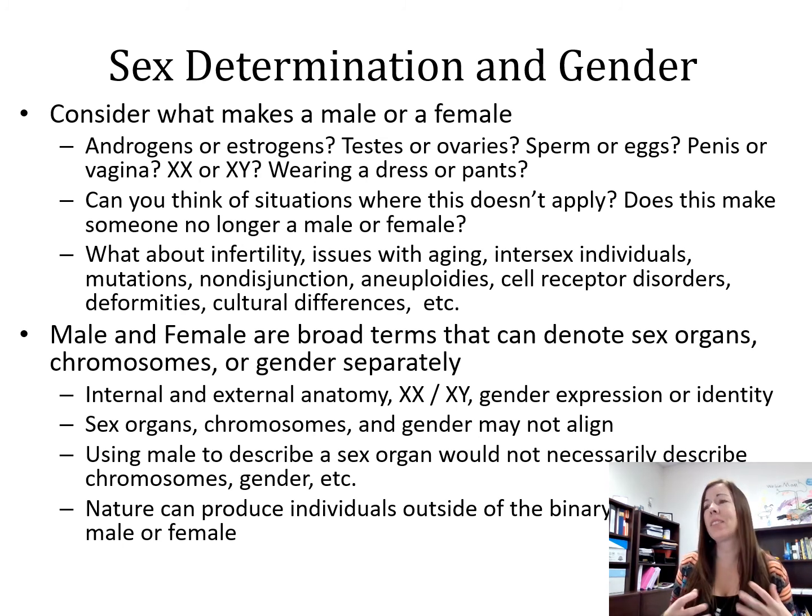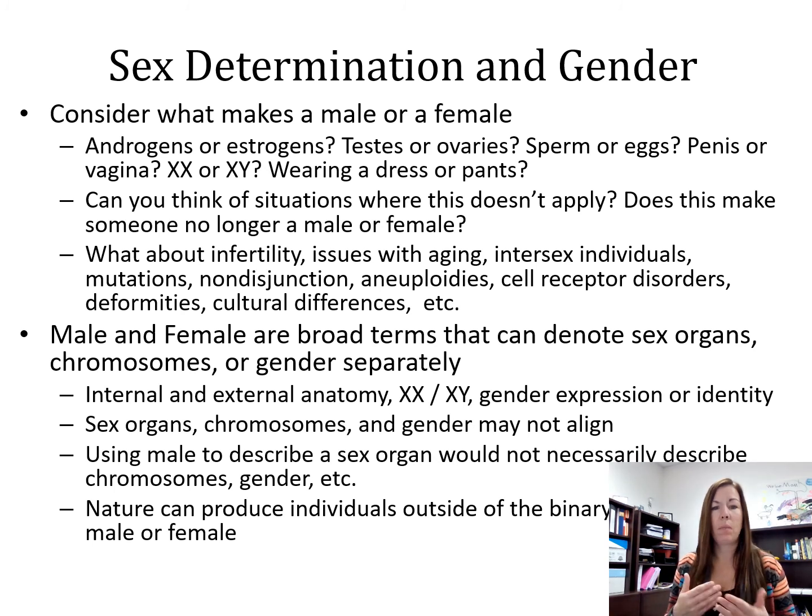There are lots of situations where that doesn't apply: infertility, issues with aging, intersex individuals, all kinds of situations, and it's such a broad spectrum. It is not a black and white A, B, C, D thing. It is a spectrum of understanding.